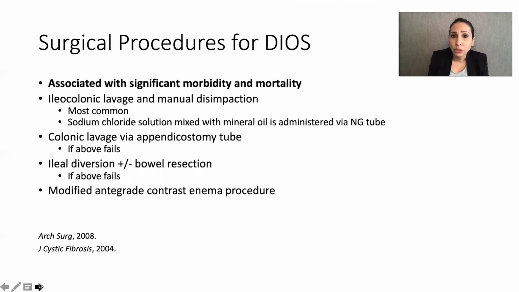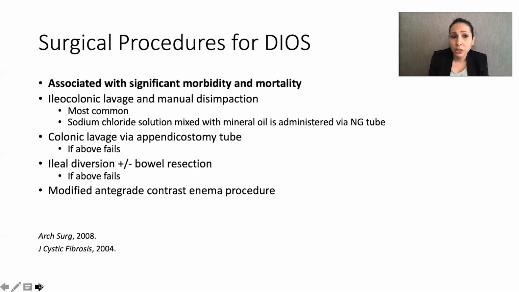The surgical procedures for DIOS are associated with significant morbidity and mortality and are often reserved for cases where the above aforementioned have been a failure. Ileocolonic lavage with manual disimpaction is the most common surgical procedure.